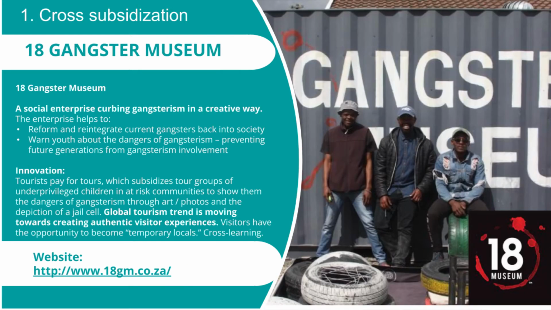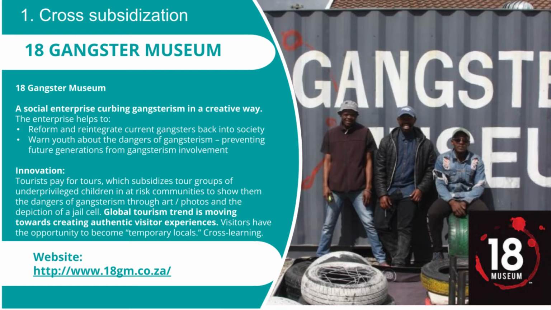So another quick example of the cross-subsidization model that I'm going to point out to you is the 18 Gangster Museum. So 18 Gangster Museum is curbing gangsterism in very creative ways. So they first of all focus on reintegrating gangsters back into society, but they also focus on warning youth about the dangers of gangsterism.